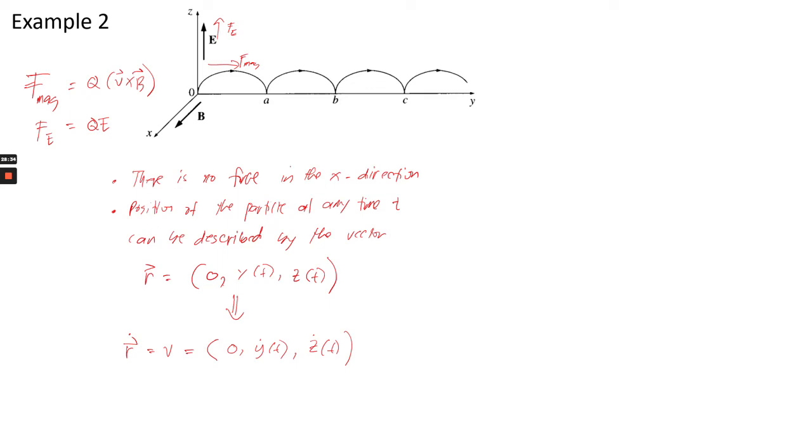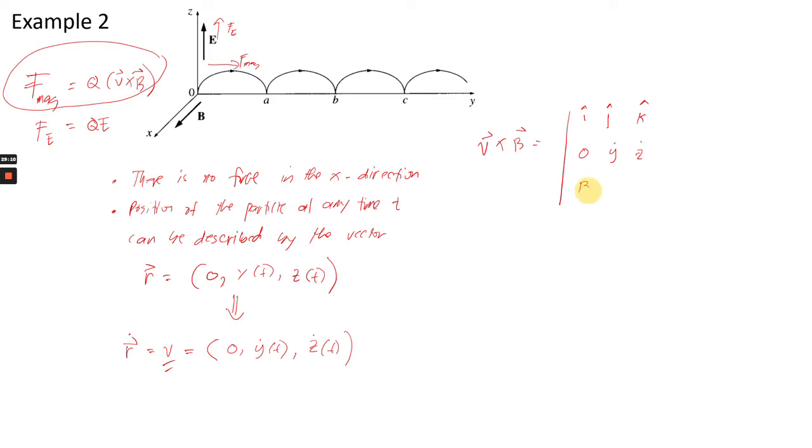Now we can use this one, that's v cross B. So you have your v here. So let's try to determine v cross B. So cross product rule. So we have i, j, k. So the components of velocity, we have 0, y dot, z dot. The components of the magnetic field is only along the x direction.